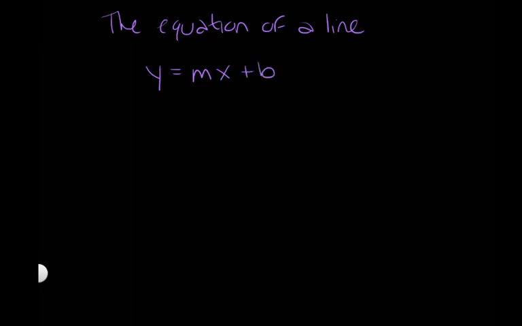Now, the m represents the slope. Remember, m equals the change in y over the change in x. So m represents our slope, and b is going to represent our y-intercept. So that means where the line is going to cross the y-axis, right?